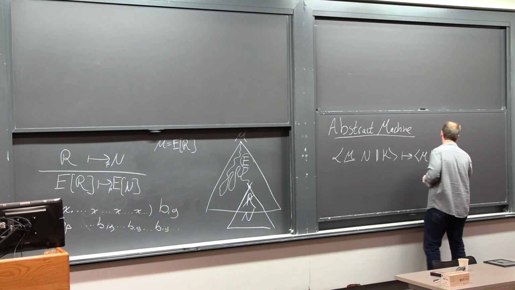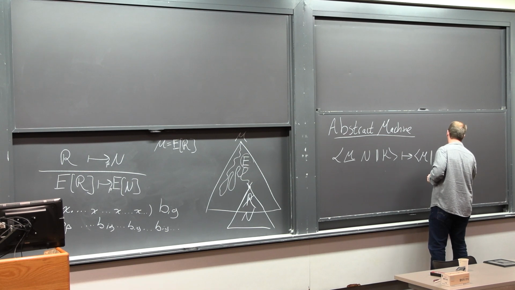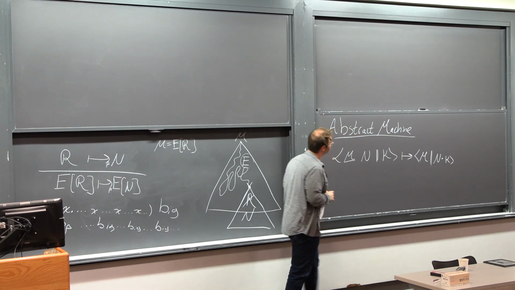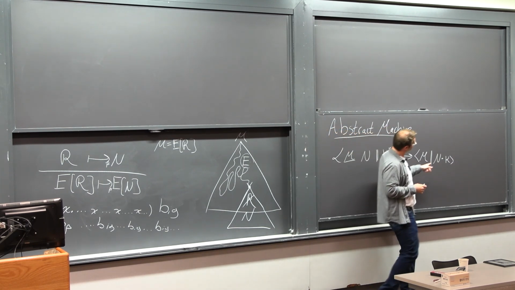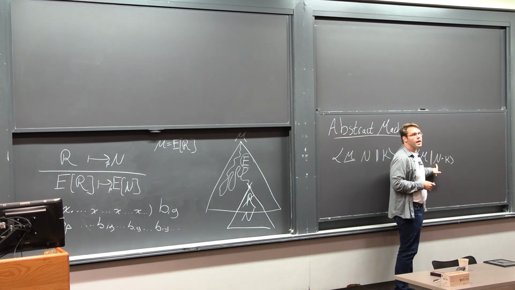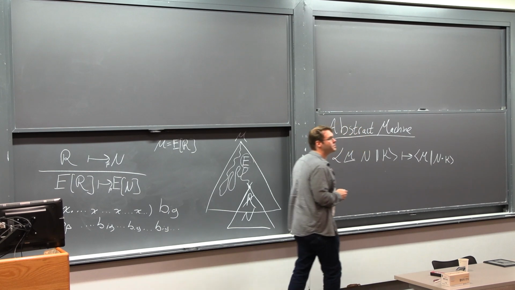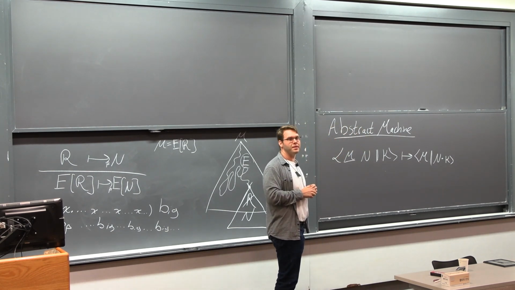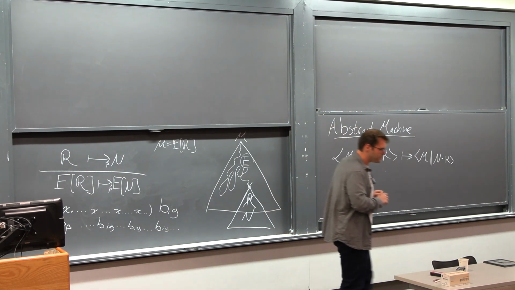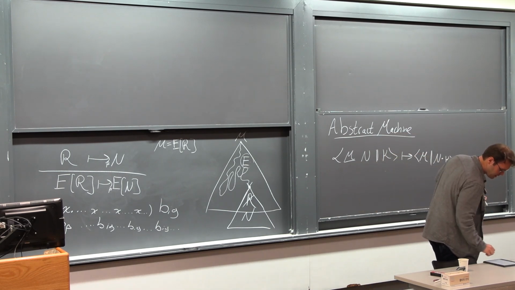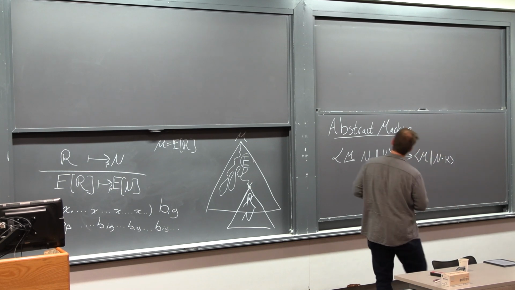So I need some way to represent that, and I'm going to do that with a stack punctuated by this little dot in the middle. So this is the application. This is saying, whatever this is, apply it to n, and send the result of that application to K. Right? I'm just keeping track of the information. I need some data structure, and the obvious data structure is a stack. All right, so we just need some punctuation to separate these things. OK? So that's the first step.